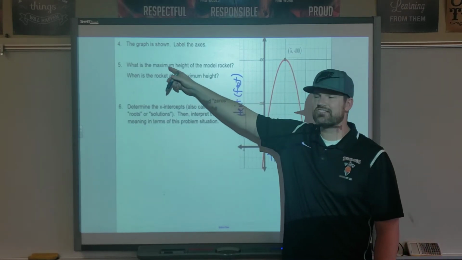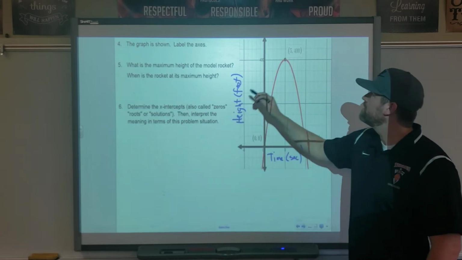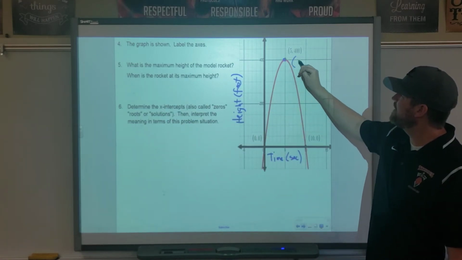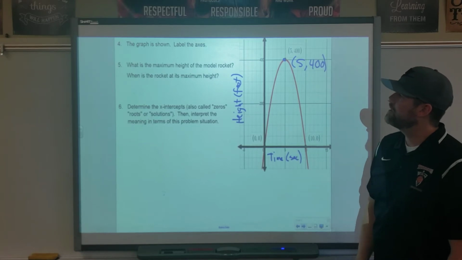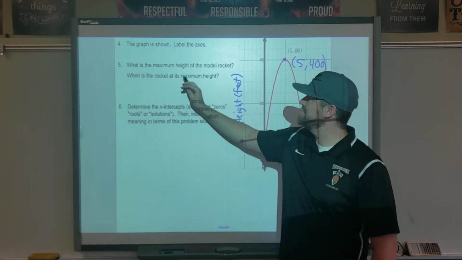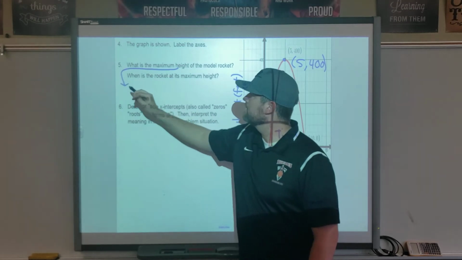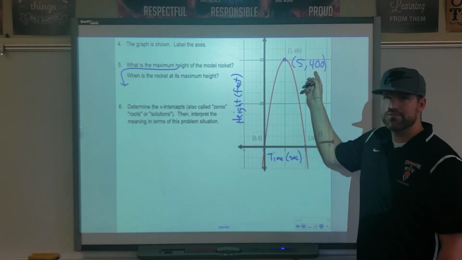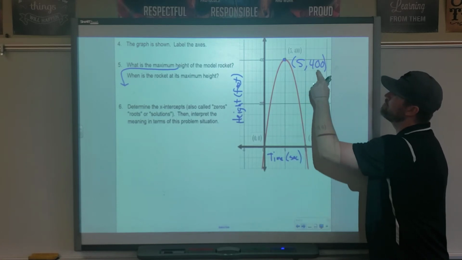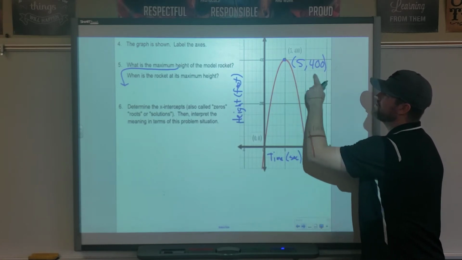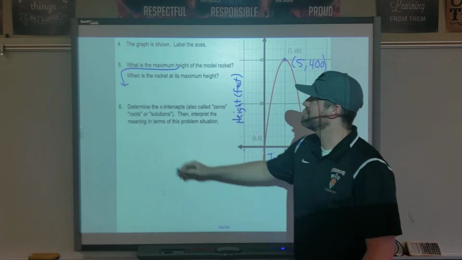If we're finding a maximum, we go to the maximum. The maximum is right here at 5,400. Okay, and so we know that the maximum height, is that going to be the 5 or the 400? Well, 5 is our x, that is our time, but y is our height, right? So 400 feet is the maximum height.